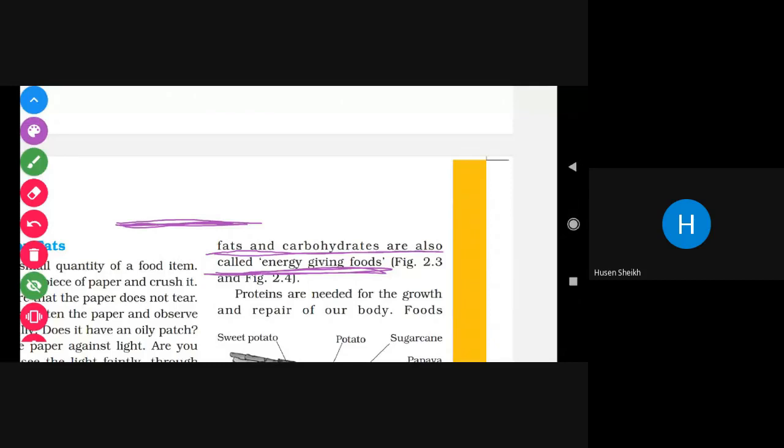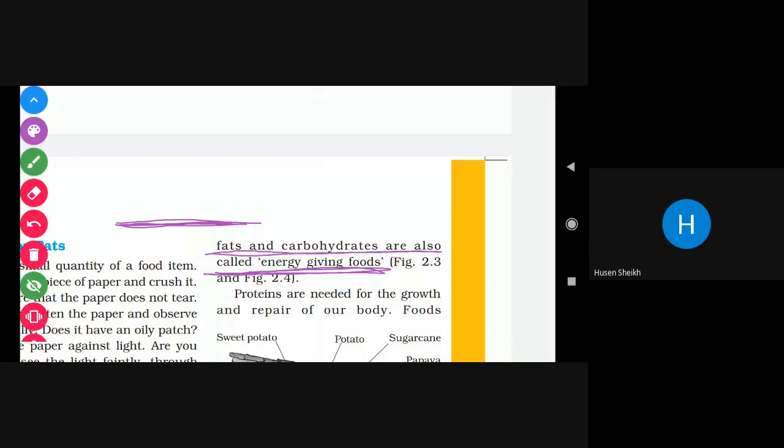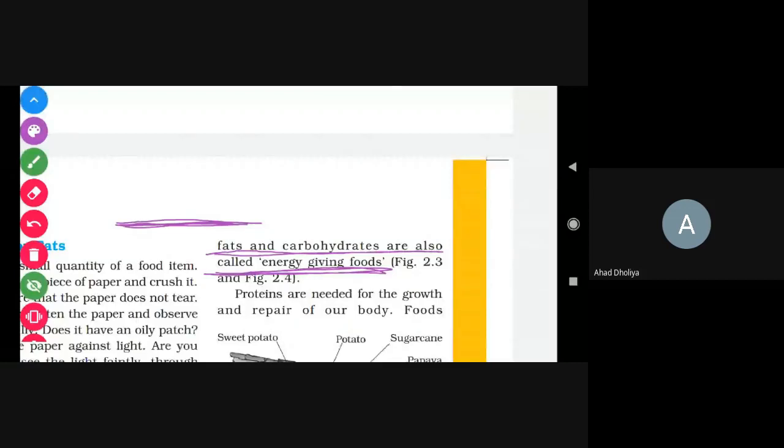Foods containing fats and carbohydrates are called energy giving food. Write the underlined part about fats and carbohydrates.